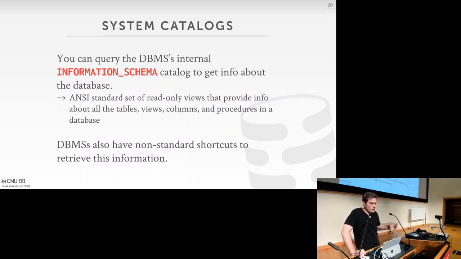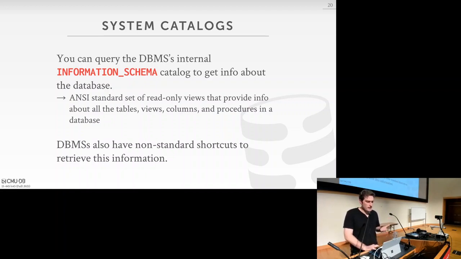Before this was standardized, it was sort of a mess where every system had their own way of exposing the metadata. To make it more manageable and portable, they codified it in the standard so that all of the systems are exposing the same metadata to the users.